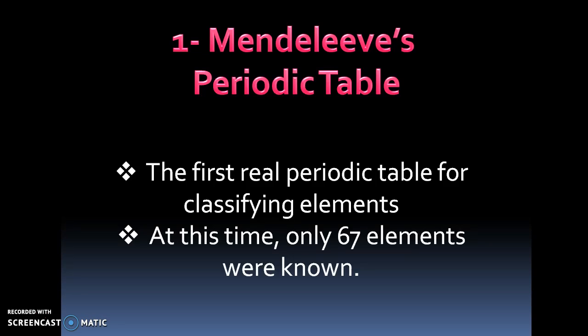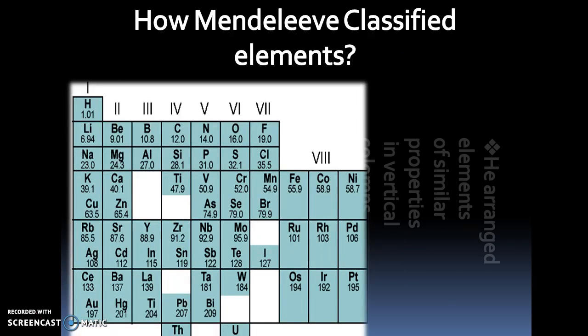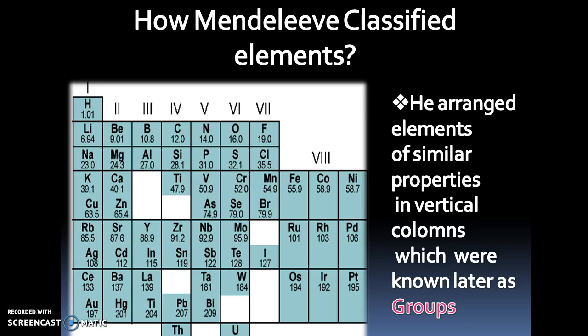Let's study the Mendeleev's periodic table. Mendeleev's periodic table was the first real periodic table for classifying elements. And at this time, you should know that only 67 elements were known, but now more are known. What was the concept that Mendeleev used to classify these elements?